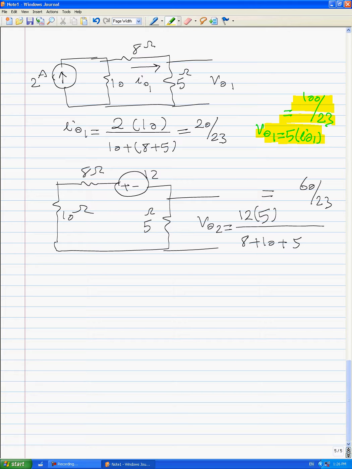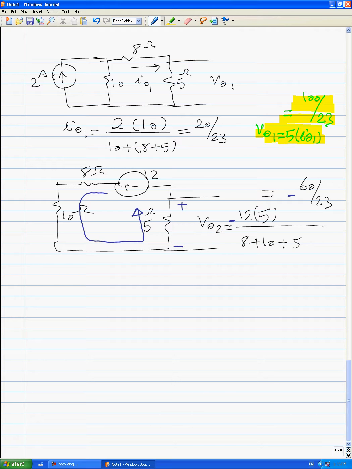Important note in this part: we should put a negative here. Why? We should put a negative here and also here, because the positive and negative for the output is this positive and this negative, and the current travels in the circuit in this direction.